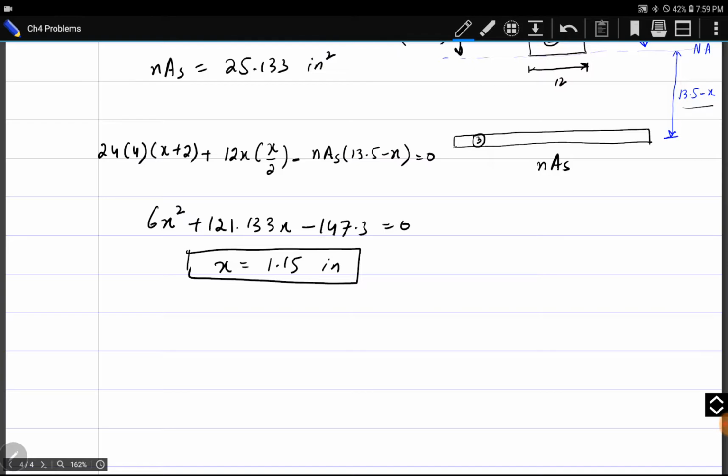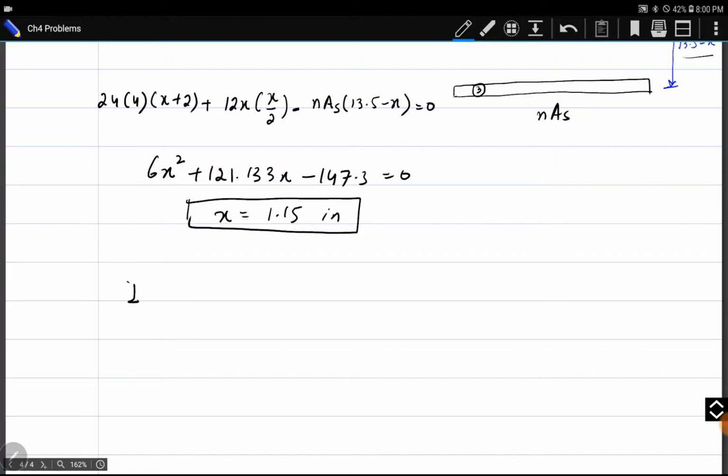Now we have to find I. Previously we derived an expression for I, but this cross section is a little bit different. It is not a simple rectangular cross section. It is a T section. So I will be I for section 1 plus I for section 2 plus I for section 3.